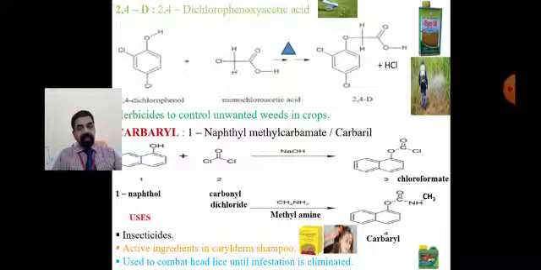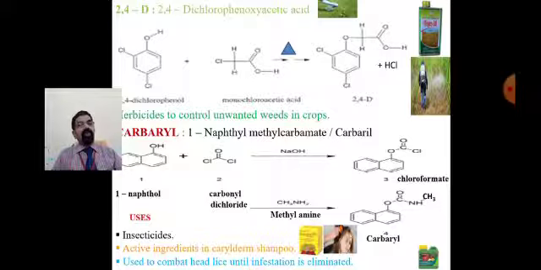It can be prepared by the condensation reaction between 1-naphthol and carbonyl dichloride in the presence of a strong base like sodium hydroxide to form an intermediate product called chloroformate.